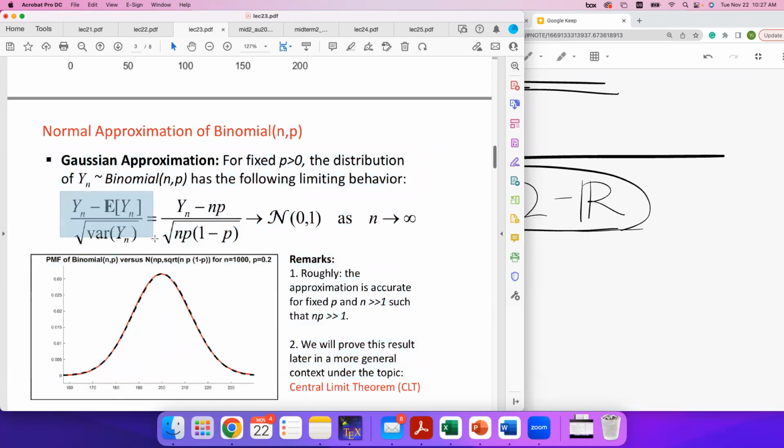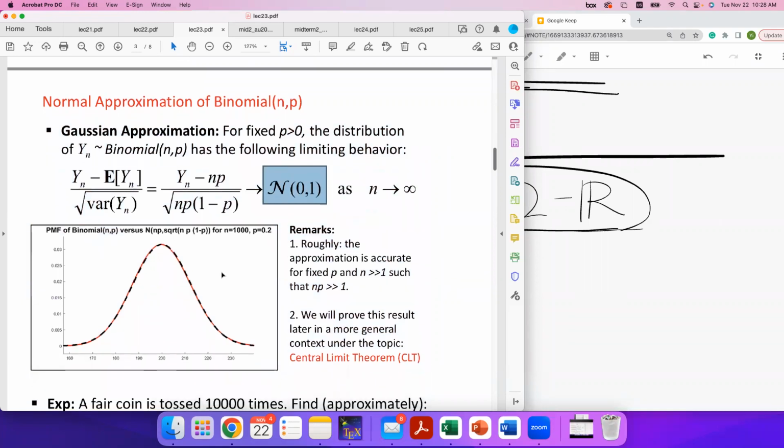This is a normalization. As n goes to infinity, it goes to the standard normal distribution. So basically the PMF of this random variable converges to the normal distribution in some sense.